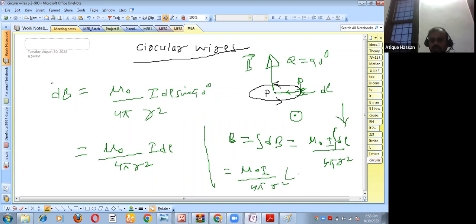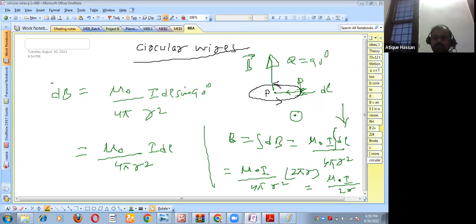So total length of the circular wire will be 2 pi r. So we'll get it as mu naught I by 2r. Understood it? So magnetic field at the center of a circular wire is mu naught I by 2r. Understood this one? All right.